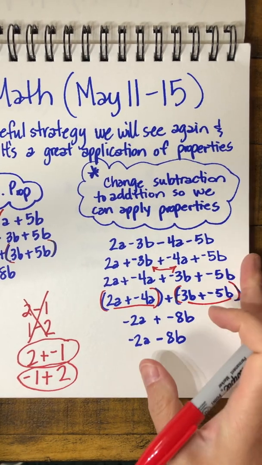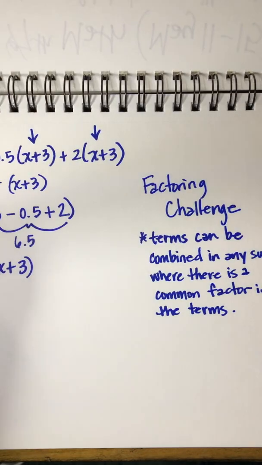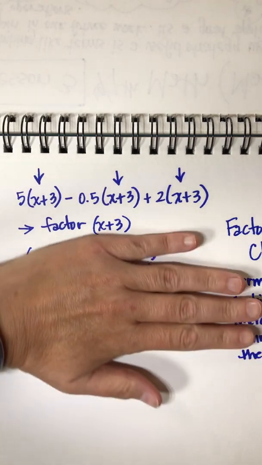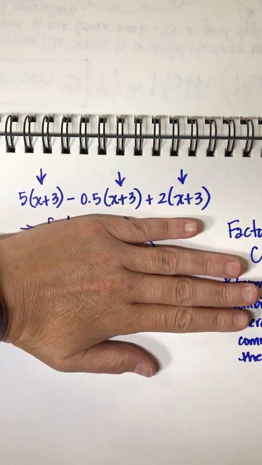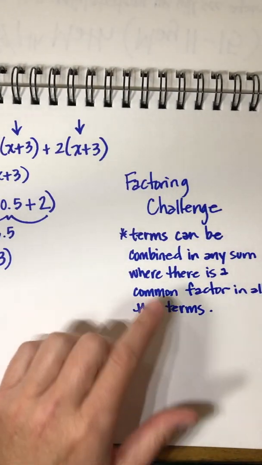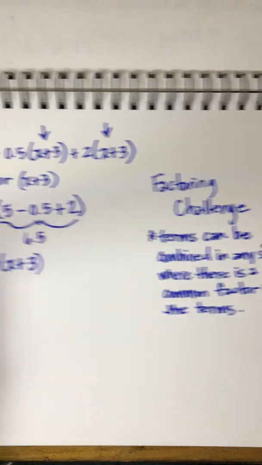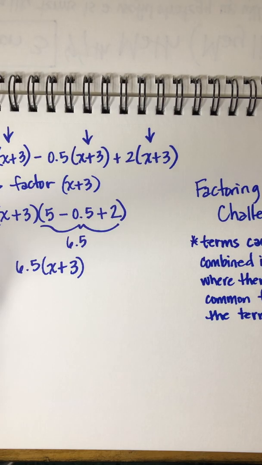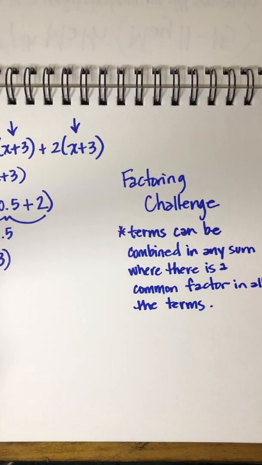All right, one more example. This is kind of like a factoring challenge. So if you want to, you could pause right here and write this down. The factoring challenge idea is that I just want you to remember that terms can be combined in any sum where there's a common factor in all the terms.